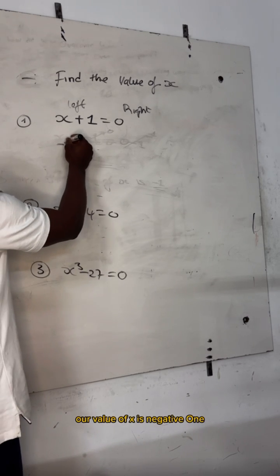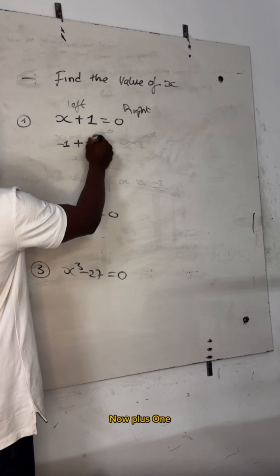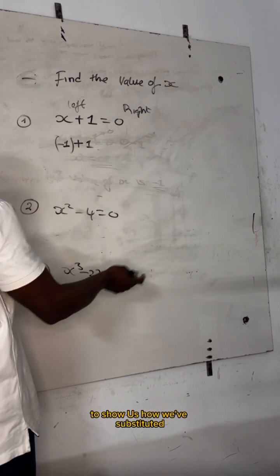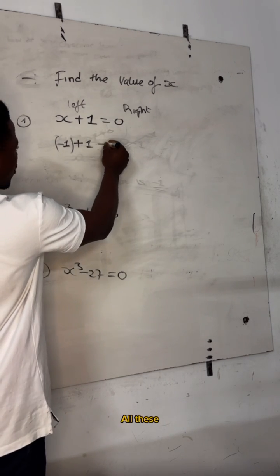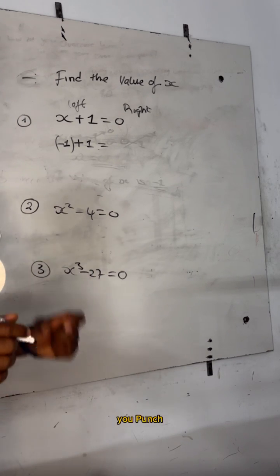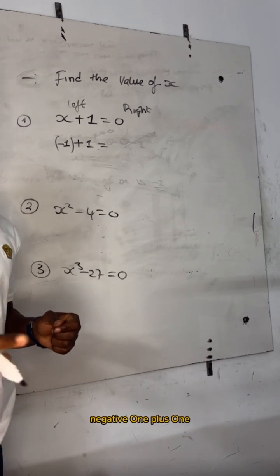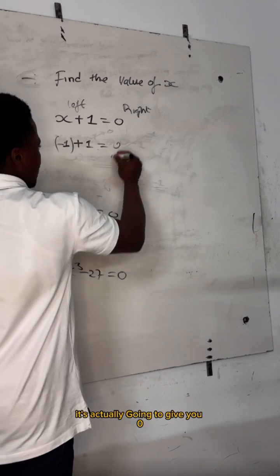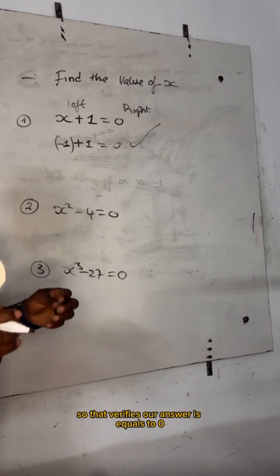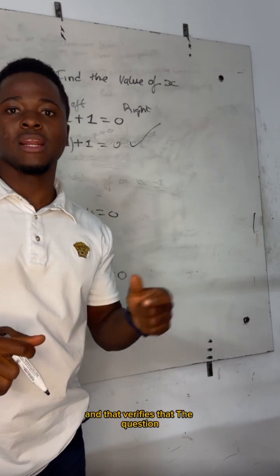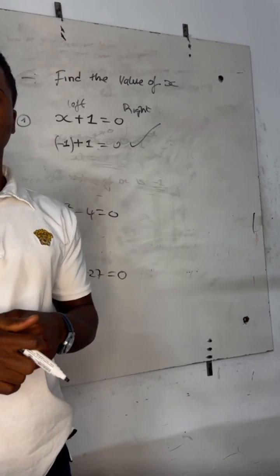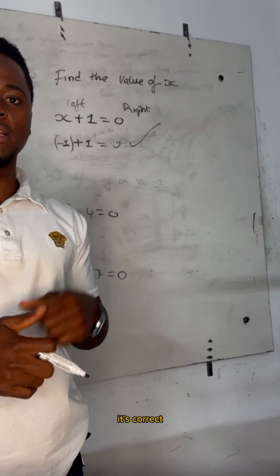Our value of x is negative 1. Now plus 1. Let's keep this in brackets to show that we've substituted. If you go to your calculator and punch negative 1 plus 1, it's going to give you 0. That verifies our answer, and that verifies that the x value which we have is correct.